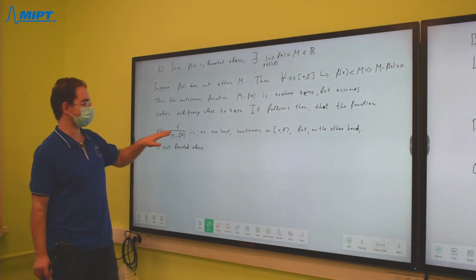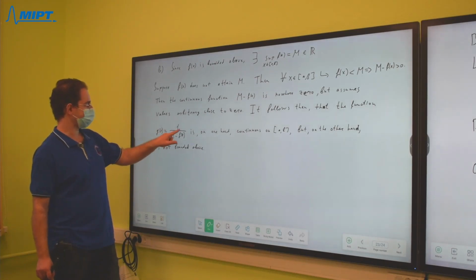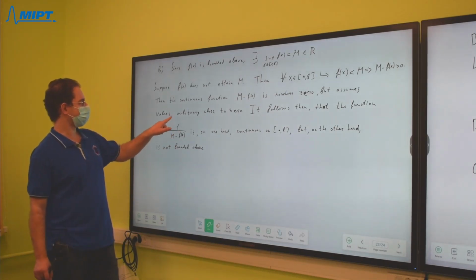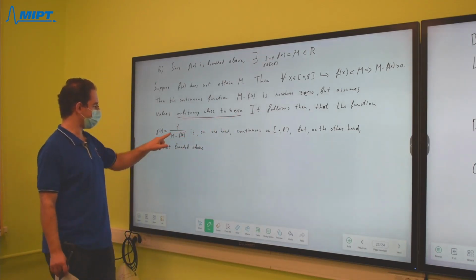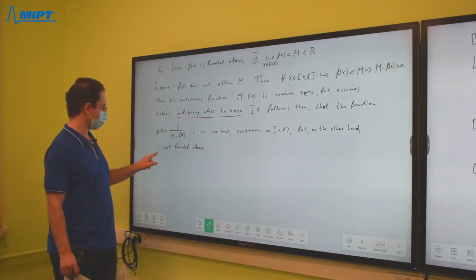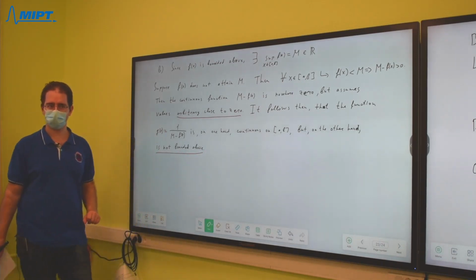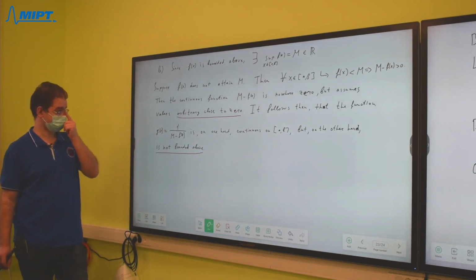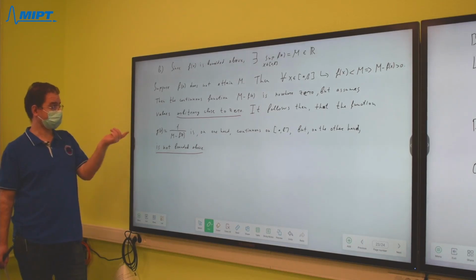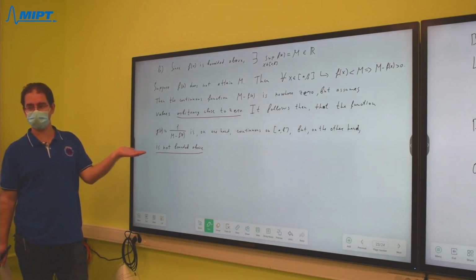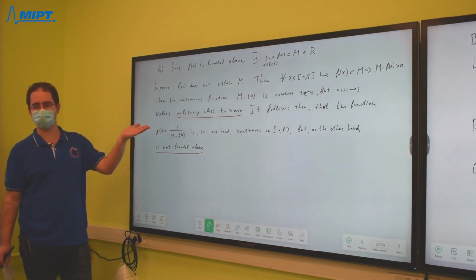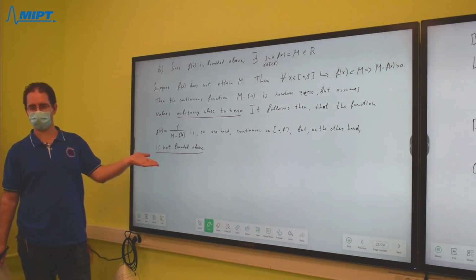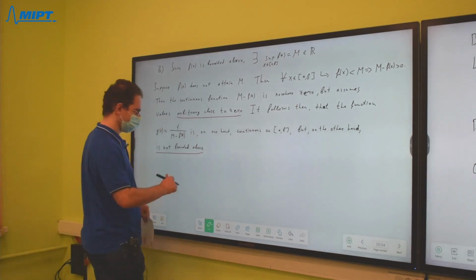So this function is continuous, but since the denominator attains values arbitrarily close to 0, this function, 1 over this value, is not bounded above, arbitrarily large values attained. Okay, but this is a contradiction to the first half of the theorem. We have a continuous function on a closed interval that is not bounded above. This is a contradiction.